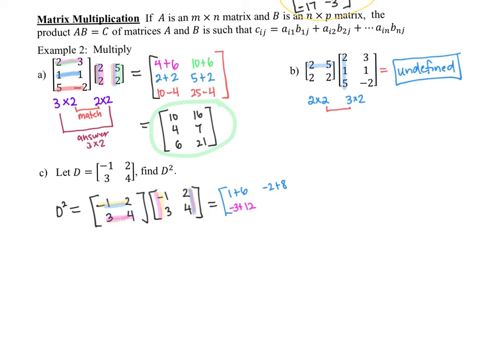Row 2, column 2. Okay, I just need that one step. Yes, I know it's magical, but there's lots of magical calculators that can confirm your answer. Okay, and then this is my result of D squared. And because it was 2 by 2 by 2 by 2, it makes sense that D squared is in fact also 2 by 2.